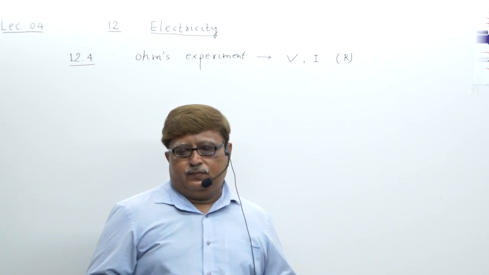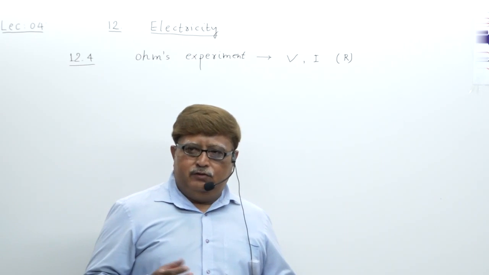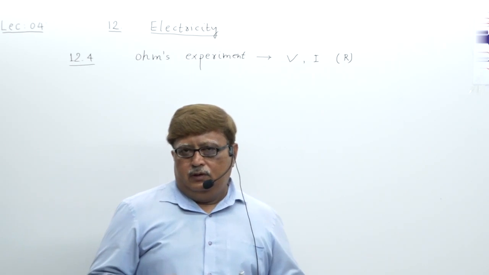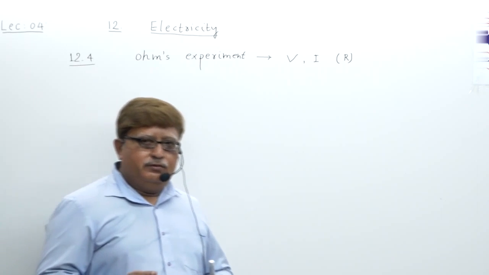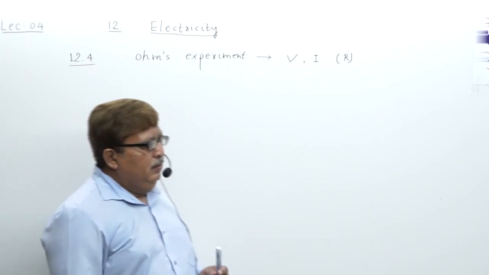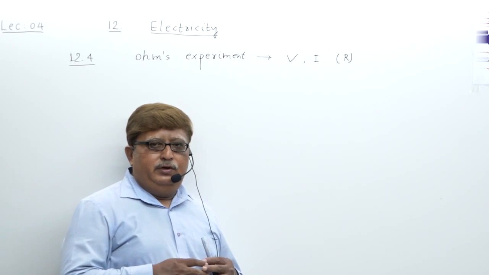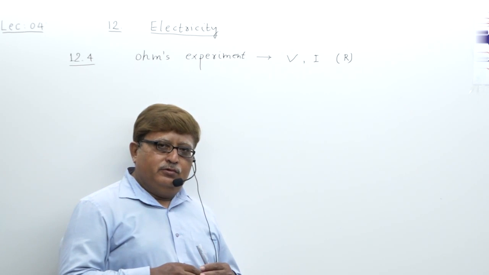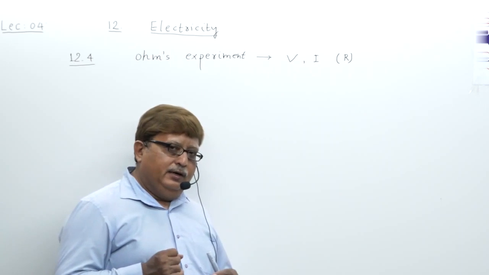No material exists which does not offer resistance, in less, more, medium or high amount. Even a negligible amount of resistance is offered by good conductors. Understand? So actually we are trying to establish the relation between V and I, but R indirectly comes into the picture when we try to establish the relation between V and I.